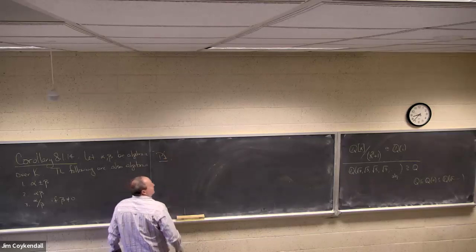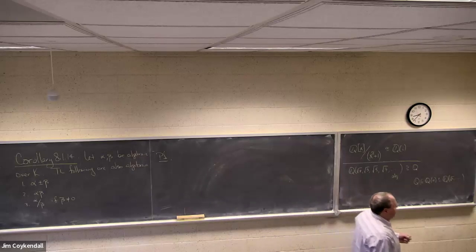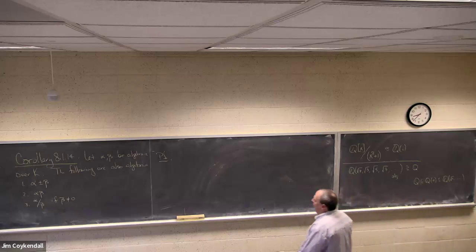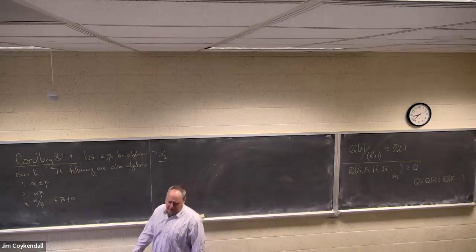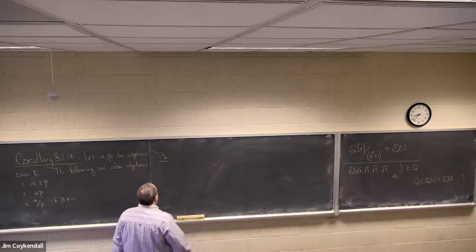Now, again, alpha has some minimum polynomial over K, say P of X. Beta has some minimum polynomial over K, say Q of X. Good luck finding the minimal polynomial of alpha plus beta, alpha times beta, alpha over beta. So, as I pointed out, we needed to consider something else.